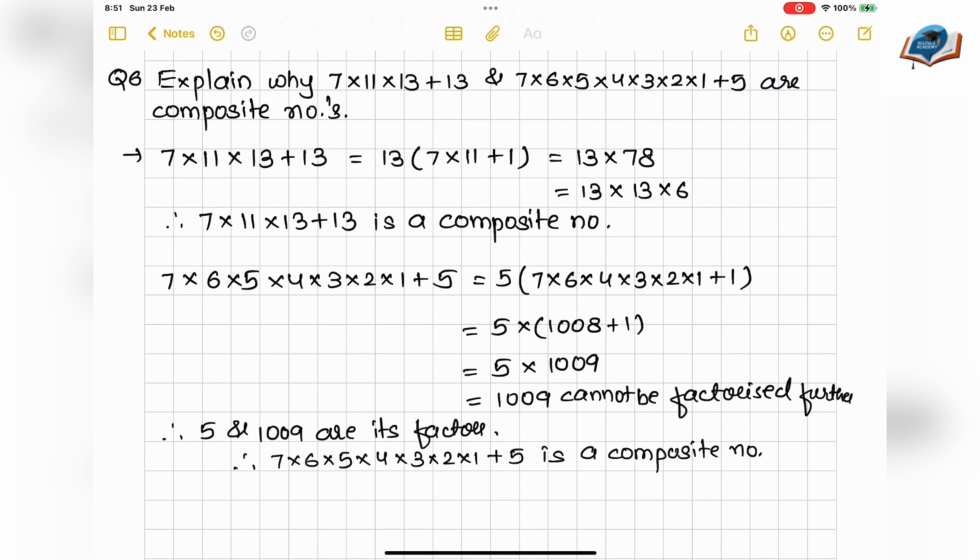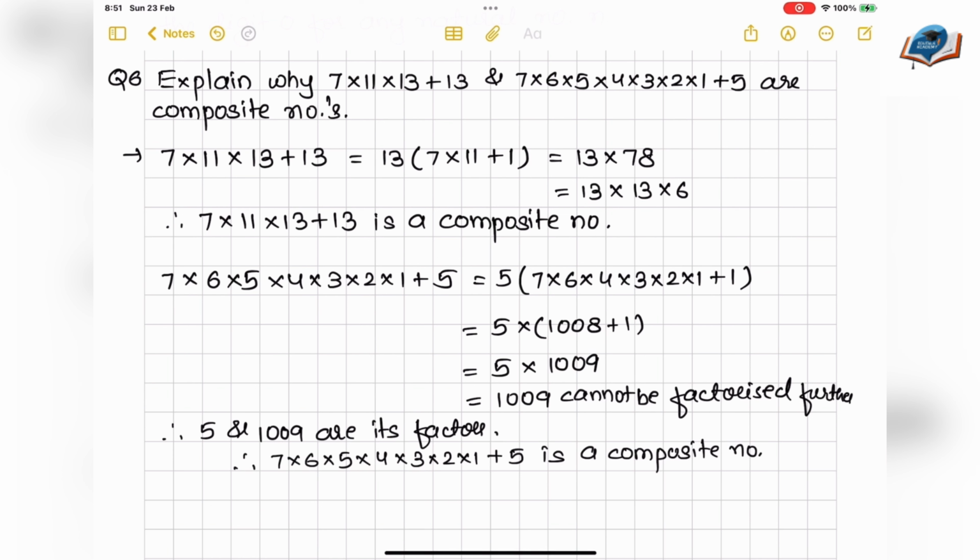Therefore, root 2 equals p upon q. Squaring both sides, root 2 whole square will be equal to p by q whole square. So therefore, 2q square equals p square.